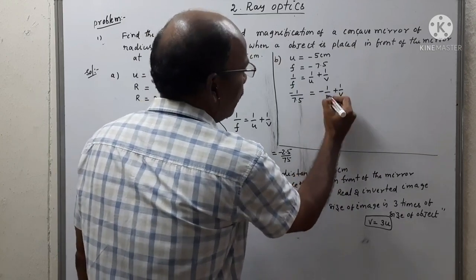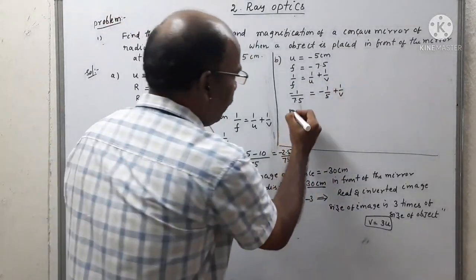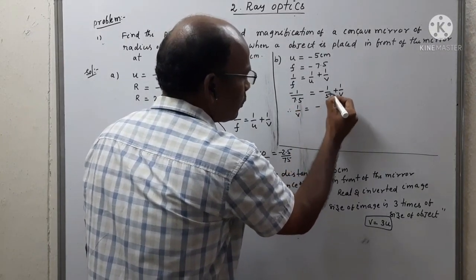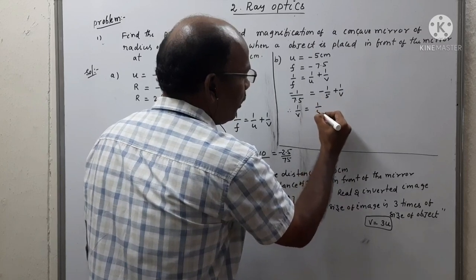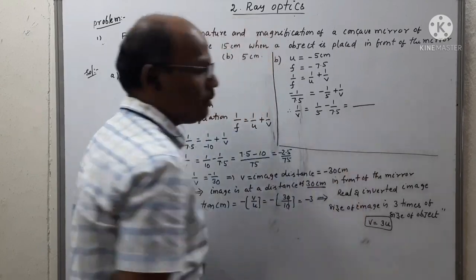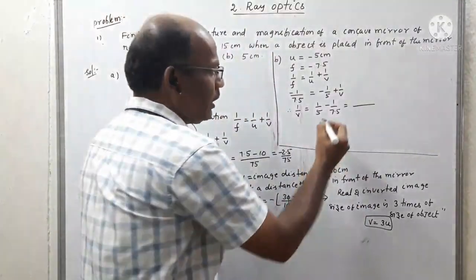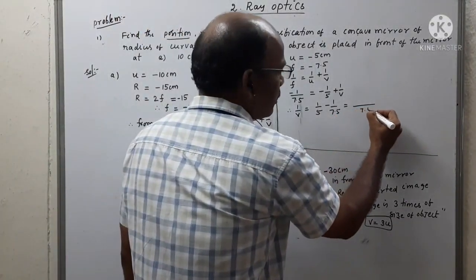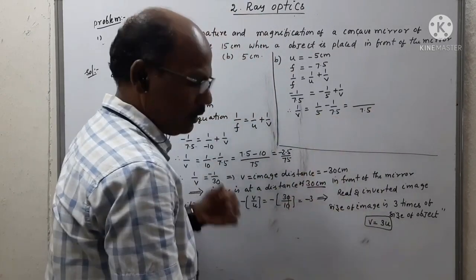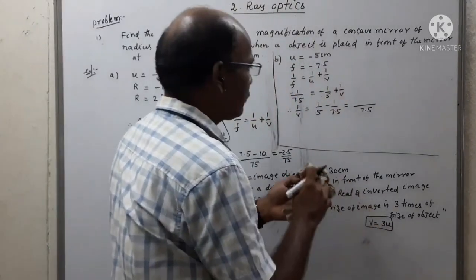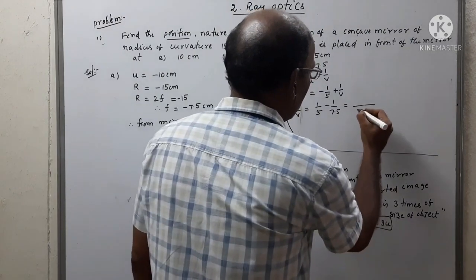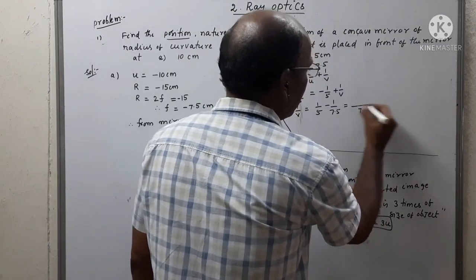Therefore, 1 by v is equal to minus 1 by 7.5, so it becomes plus 1 by 5 minus 1 by 7.5. Take the LCM, which is 7.5.